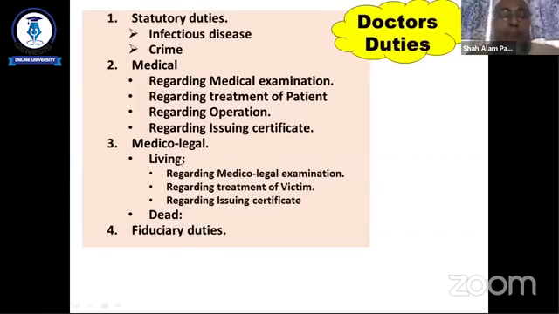The victim of a medico-legal case in a living case is usually under clinical forensic medicine, and if he is dead, it is under forensic pathology. And there are some fiduciary duties.